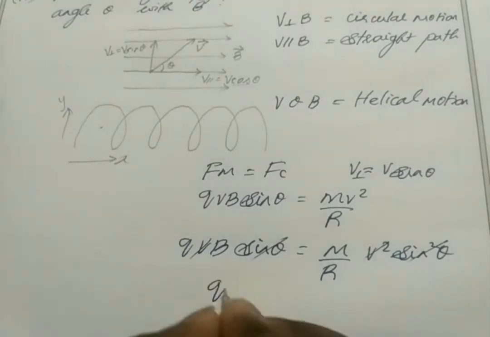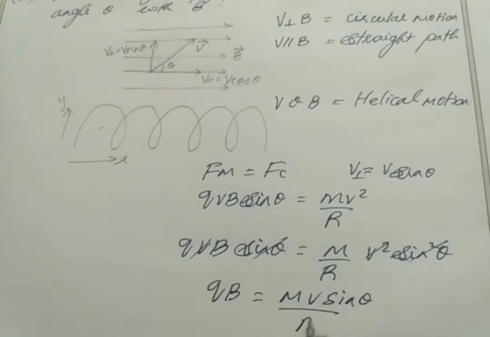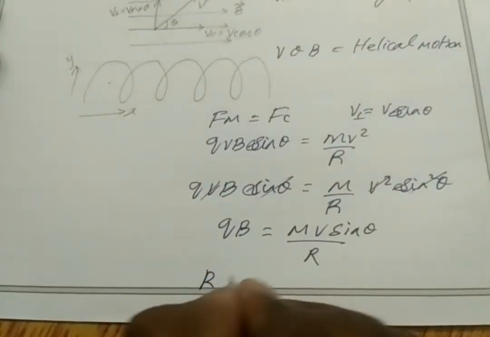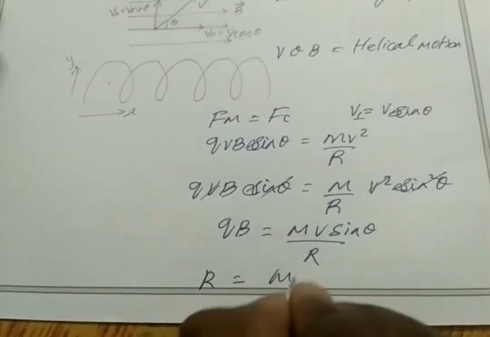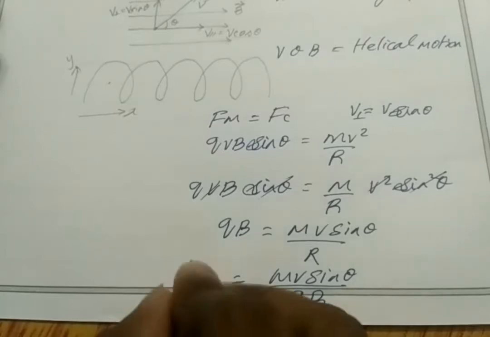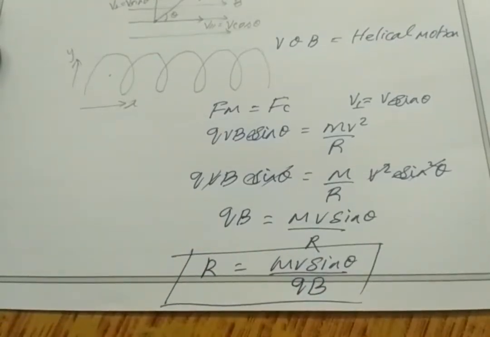Balance, I have qB equal to mv sin theta divided by r. So r equal to mv sin theta divided by qB. This is my new radius equation if a charged particle moves with an angle in a magnetic field.